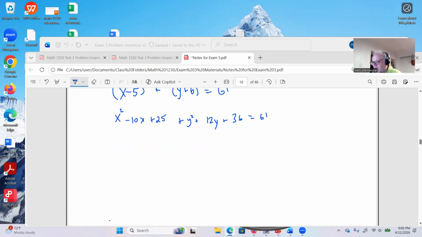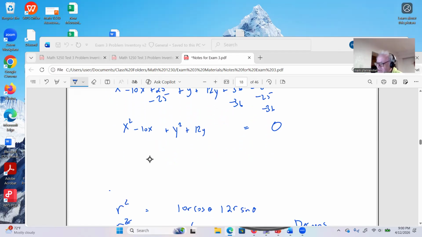Let's get all of the constants off to one side. We'll subtract 25 and 36 from both sides, and then we have x² − 10x + y² + 12y = 0.